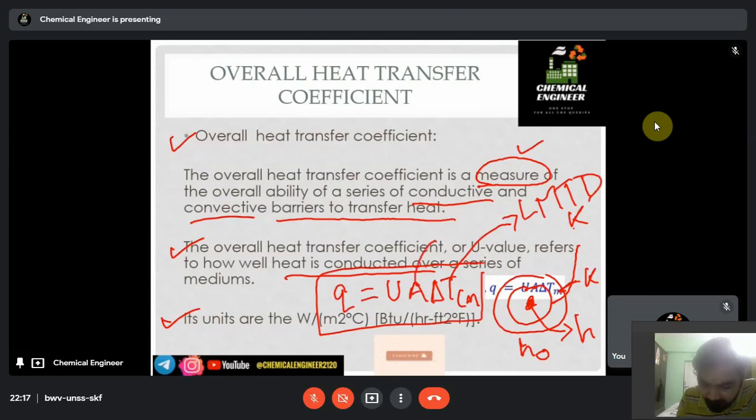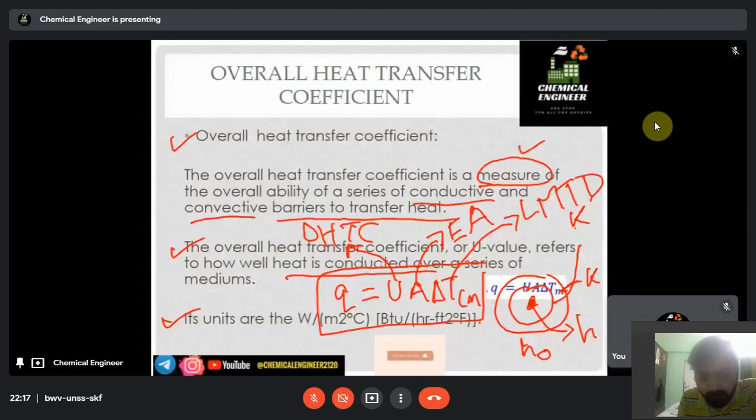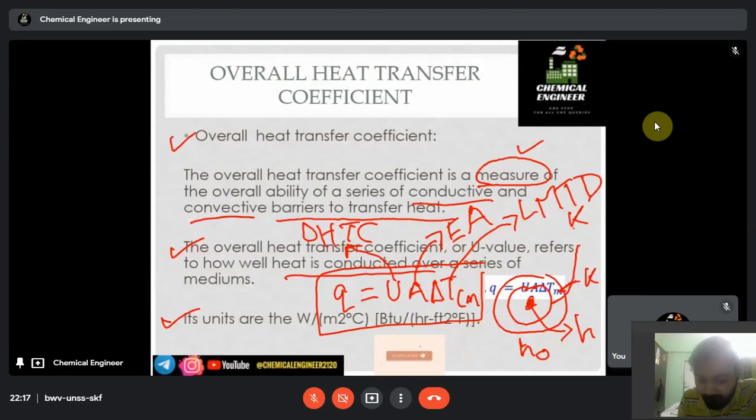A is the effective area for heat transfer, and U is our main thing, that is the overall heat transfer coefficient. Okay, so you should have a clear understanding of what U is.